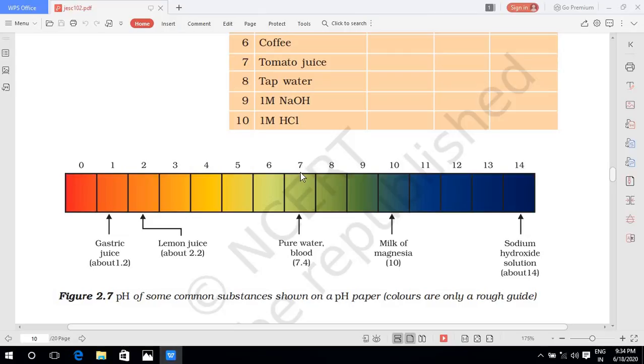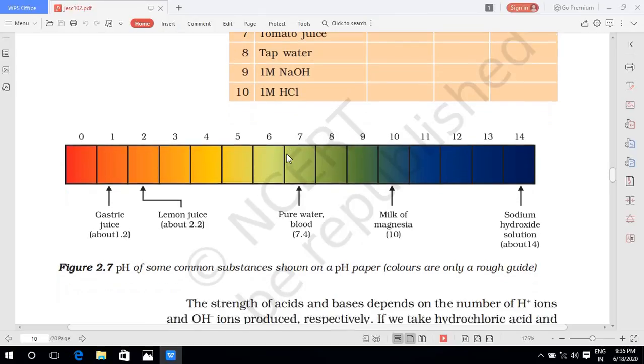So 7 is a neutral number. Anything less than 7 is acidic in nature. Anything more than 7 is basic in nature. So this is how we determine the strength of both acids and bases based on the pH scale.